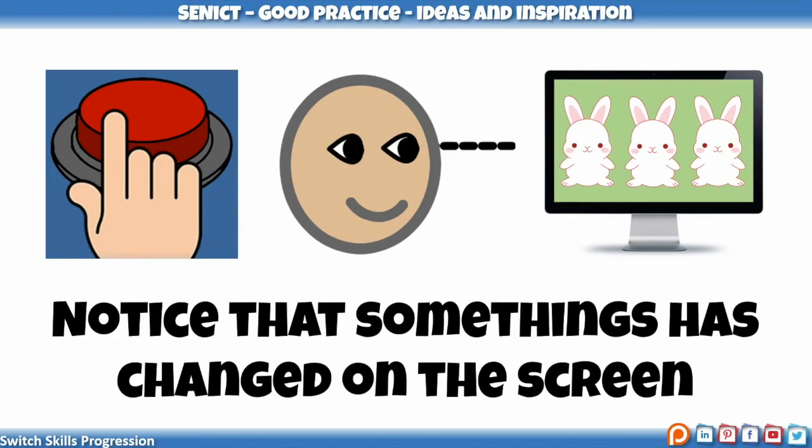It's simply that the child needs to notice that something changes on the screen every time they press the switch. This helps build an understanding that the child will need to press a switch a number of times in order to complete a simple sequence, which models pressing a switch with switch scanning.